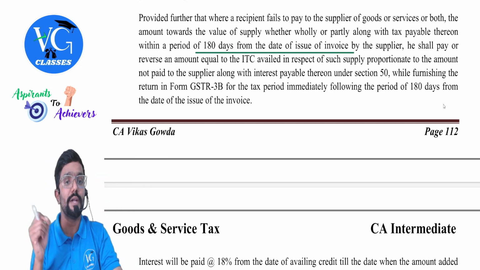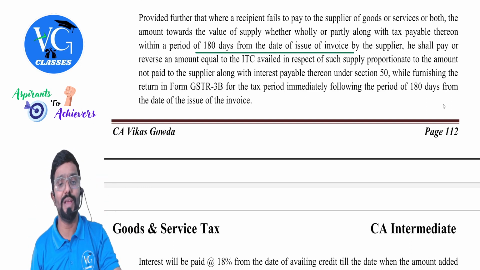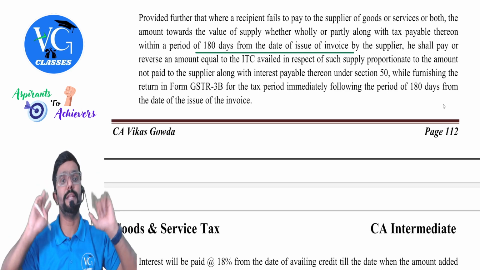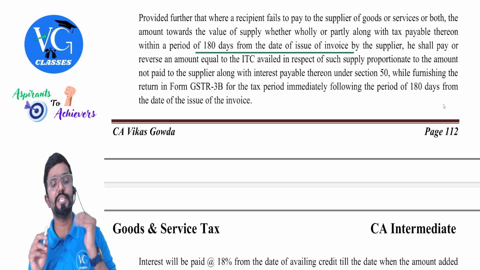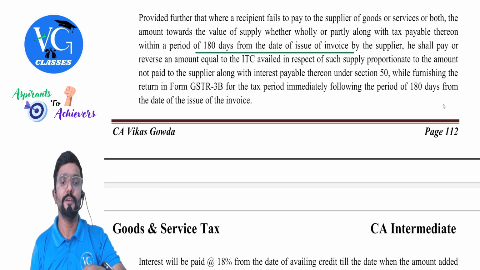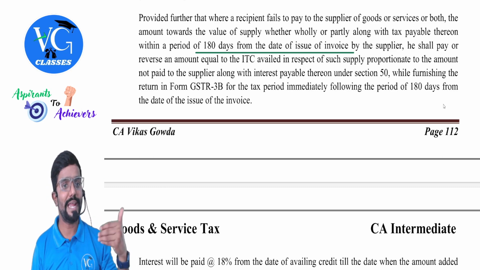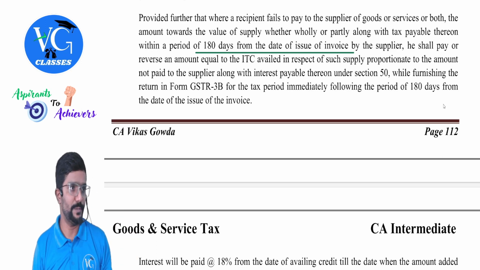He shall pay or reverse an amount equal to the ITC availed in respect of such supply proportionate to the amount not paid to the supplier, along with interest payable thereon as per section 50. Interest is covered in section 50. How much is the interest rate, sir? 18%. While furnishing the return in Form GSTR-3B for the tax period immediately following the period of 180 days from the date of issue of invoice.